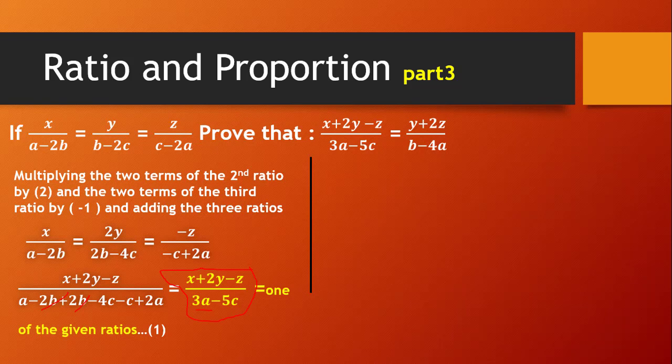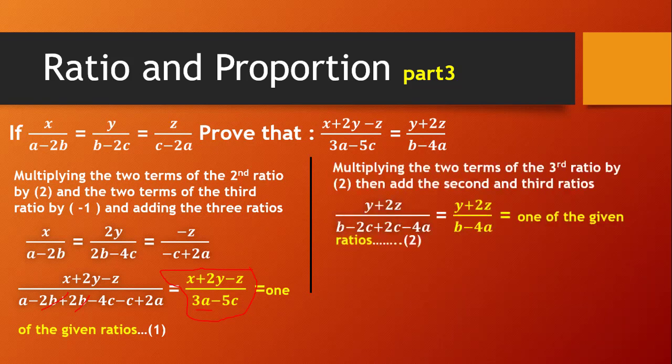We still need y plus 2z, so I'll multiply the third by 2. Okay, then add with the second with the third. Here 2z over 2c, this is the third one. The third ratio will be, after I multiply by 2, 2z over 2c minus 4a.